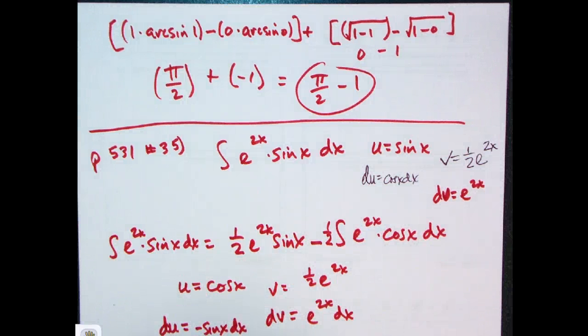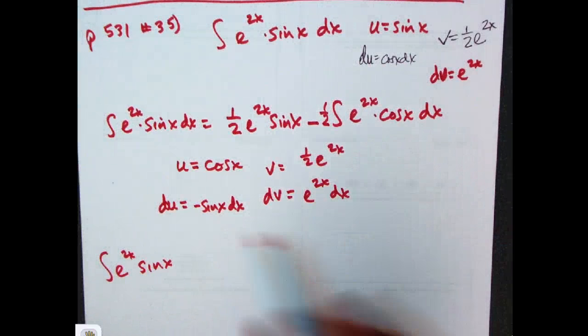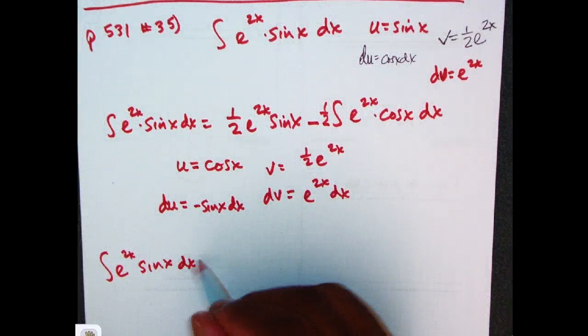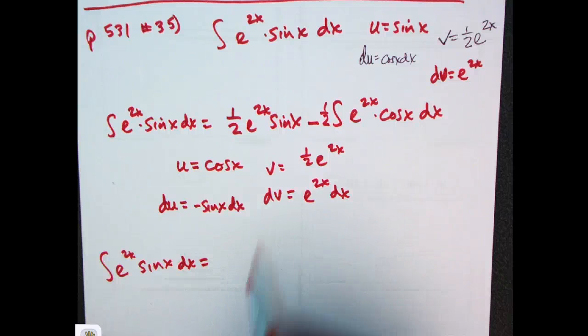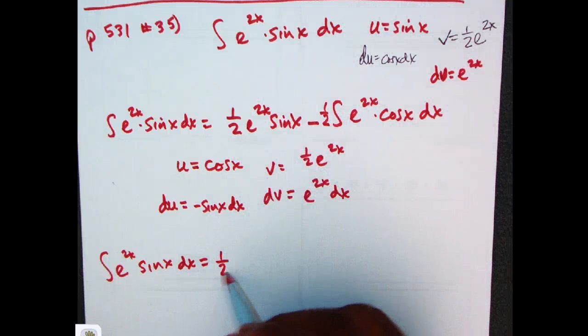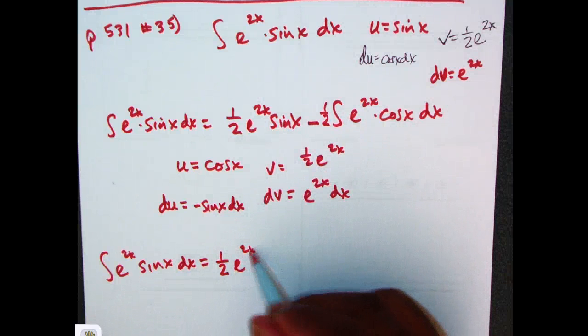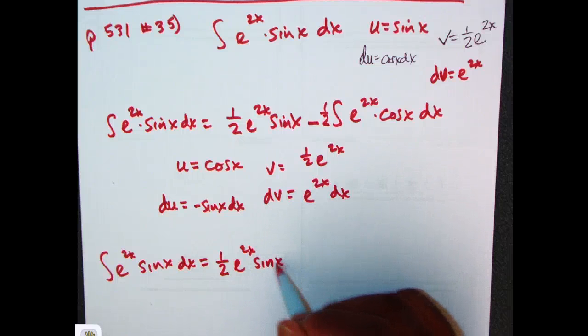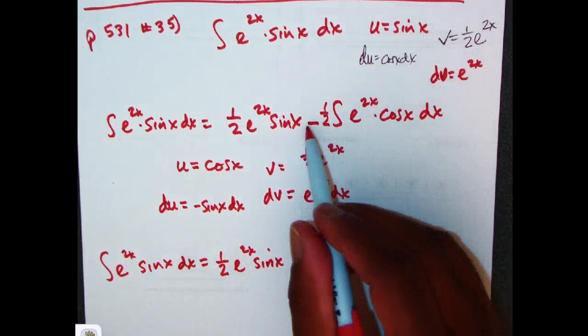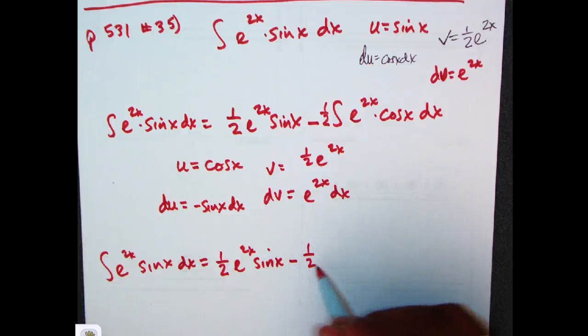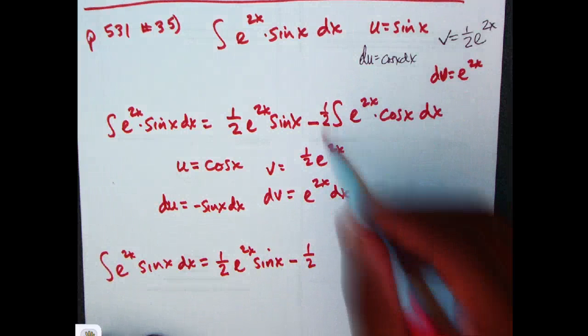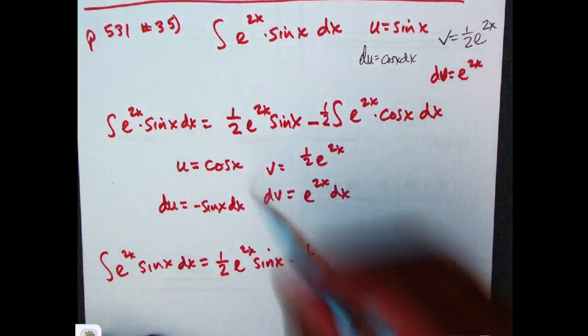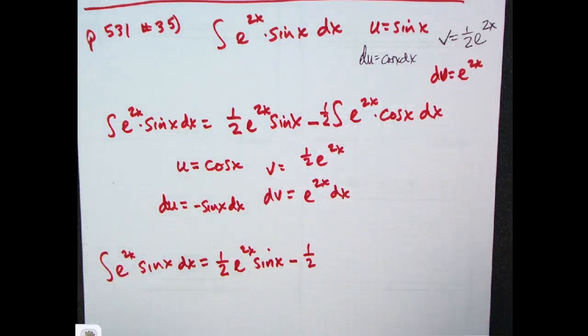Alright, so now our answer becomes the integral of e to the 2x sine of x dx is equal to this 1/2 e to the 2x sine of x minus 1/2, and now times this part right here, which is the uv.